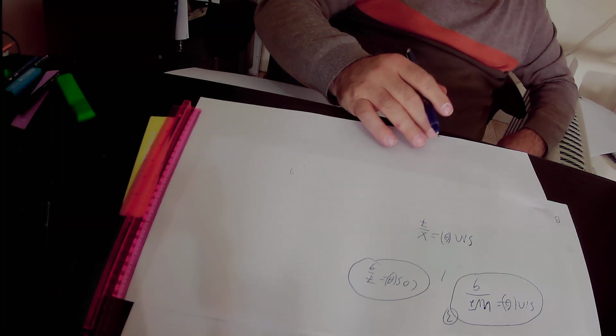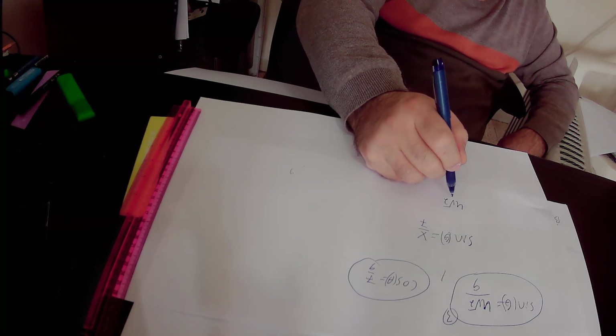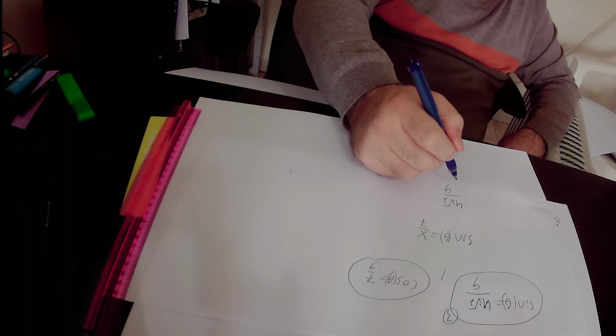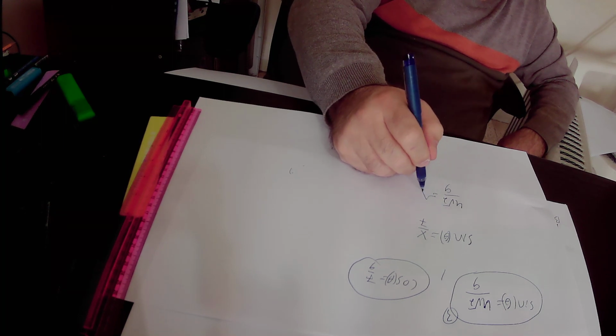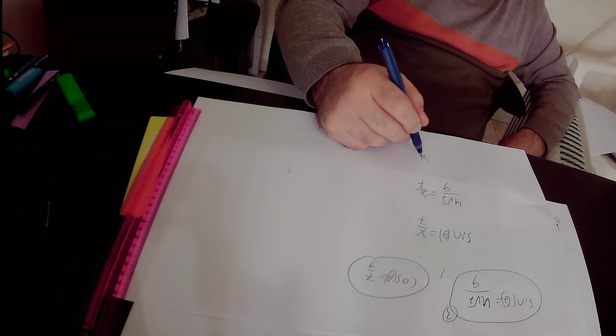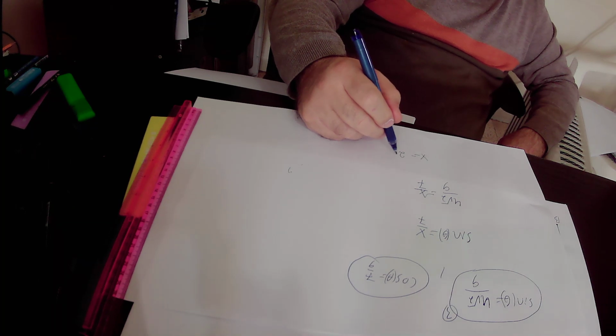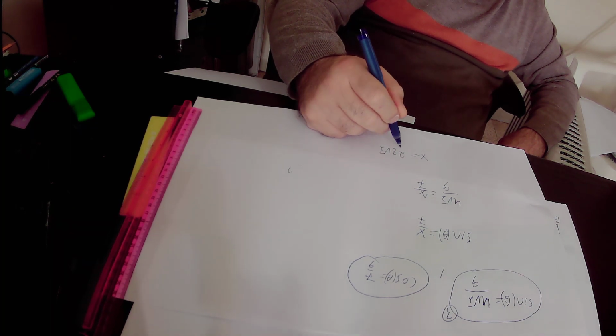But we have already found out the value of sine theta. It equals 4 times square root of 2 over 9, and it equals x over 7. We will multiply this equation by 7 and we will get that x equals 7 times 4, which is 28, square root of 2 over 9.